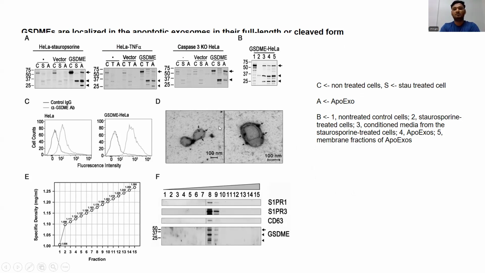Here, the authors tried to find out the localization of gasdermin E. In HeLa cells and caspase-3 knockout HeLa cells, gasdermin E was localized in the exosomes in both normal and caspase-3 knockout cells, and similarly in the exosomal membrane fractions.